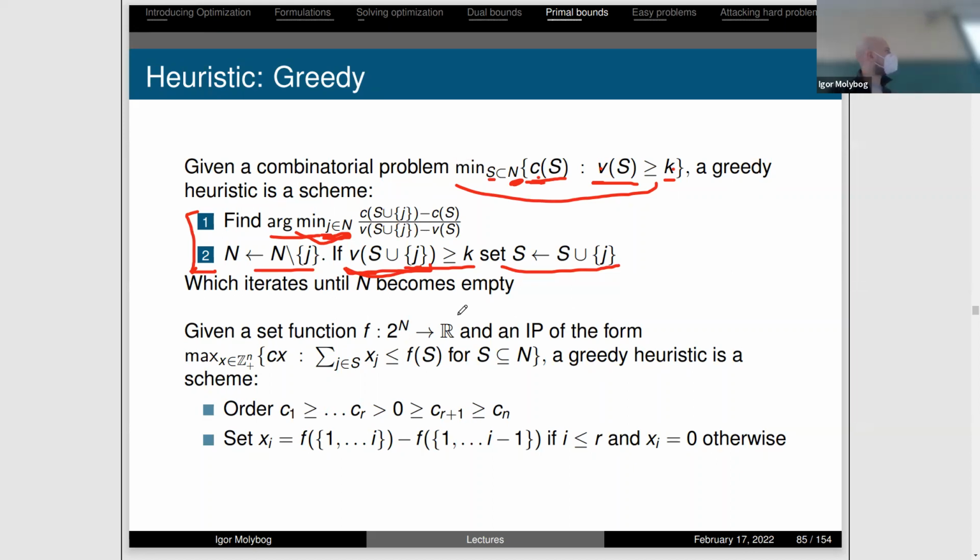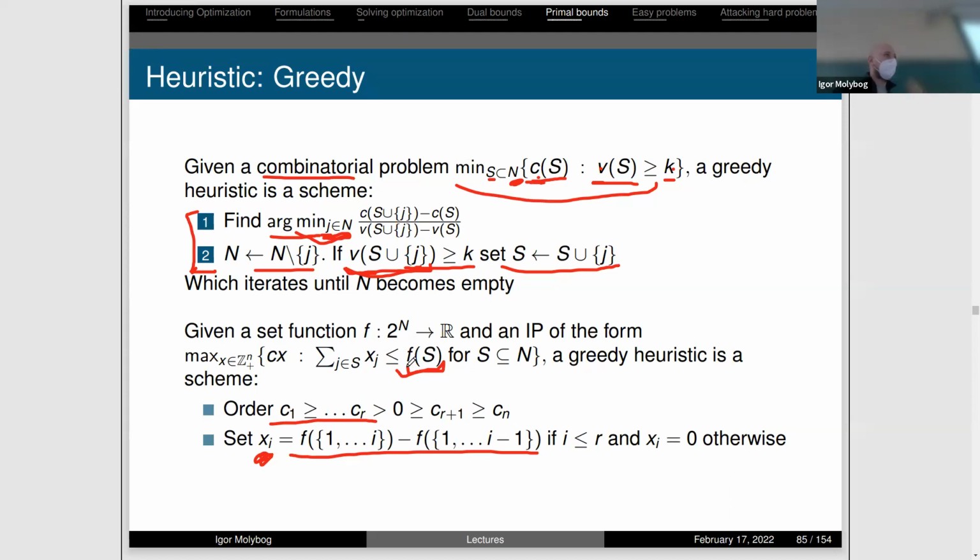So this specific approach, in case we are talking about IP, if we're not talking about a combinatorial problem but instead talking about IP, we can formulate the same strategy of a greedy heuristic by ordering the objective coefficients from the biggest to the smallest, and then setting the value xi according to the difference between the value functions, the infeasibility functions f of S. So this is another extension of the greedy heuristic for the case when we are talking about the IP problem specifically.